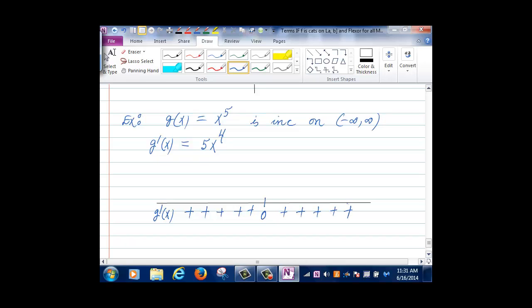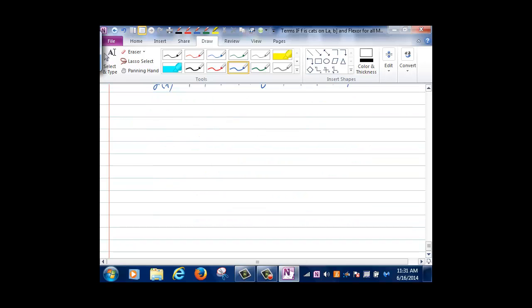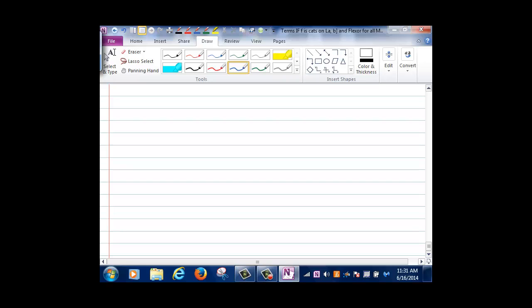So that's why I know that the function g is increasing up to 0, and it also increases from 0 to infinity, but because the function is continuous at 0, I could say that it's increasing all the way like this, right? Okay? Alright, so I'm not going to even try to draw the curve here because we know that the graph looks like the graph of x cubed.